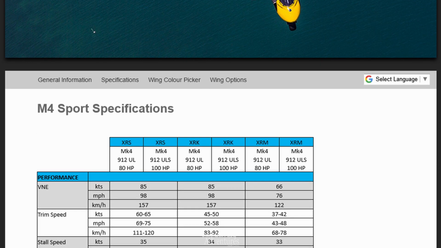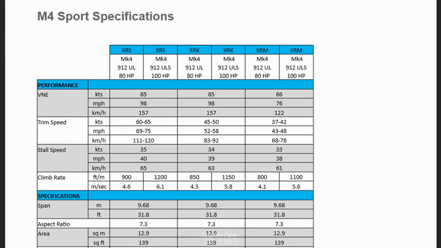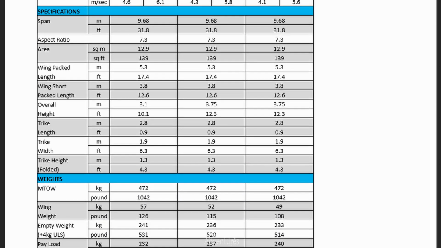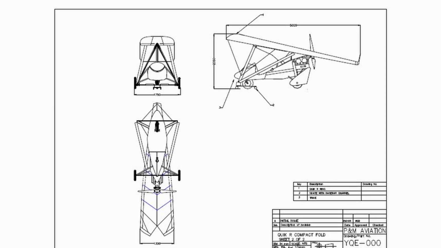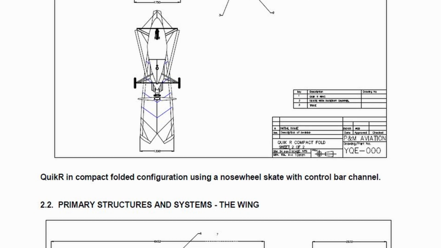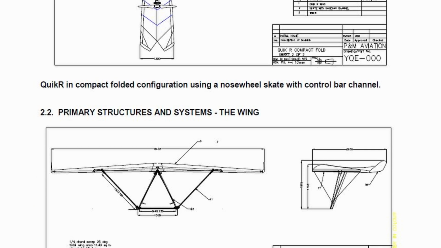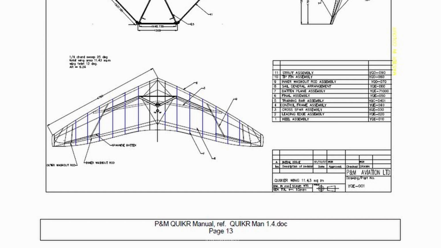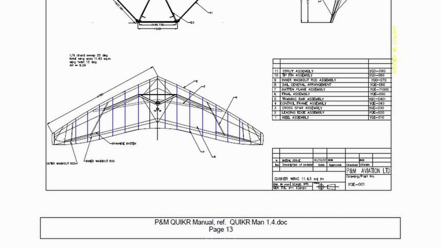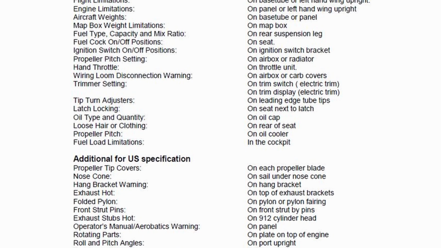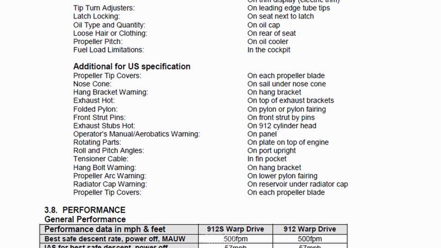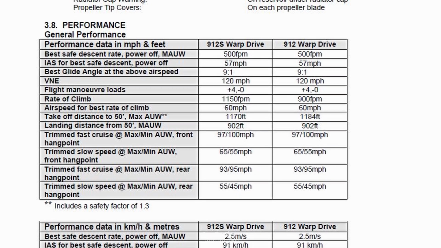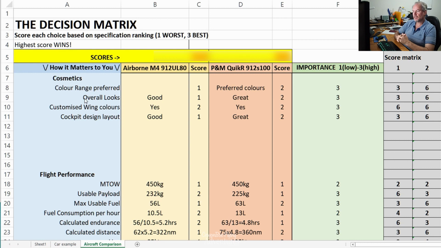Probably the best place to get some specifications is mostly from the pilot operating manuals, the handbooks, the POH, and that will give you some really fixed, good, solid performance figures, but it won't tell you colour ranges and different things like that. So you need to get the information from wherever you can get it that is reliable and as accurate as possible to make the best choices and decisions.